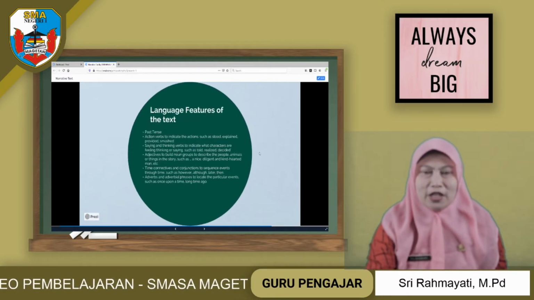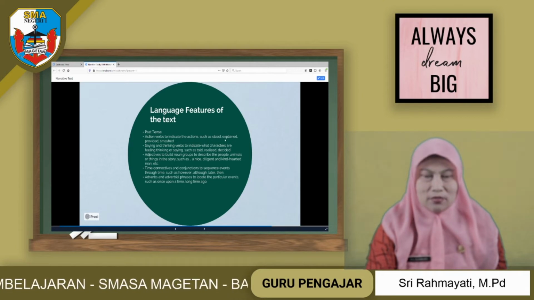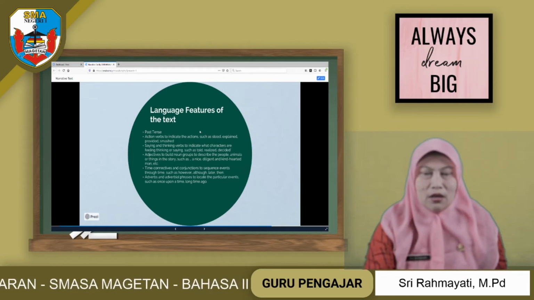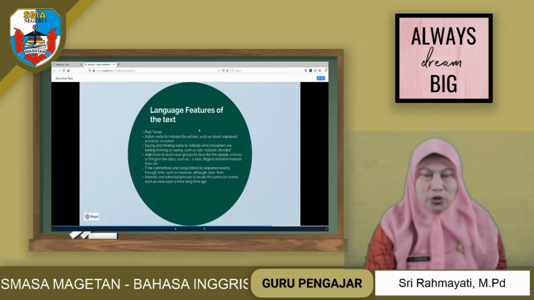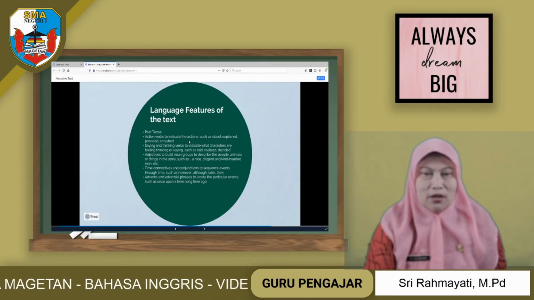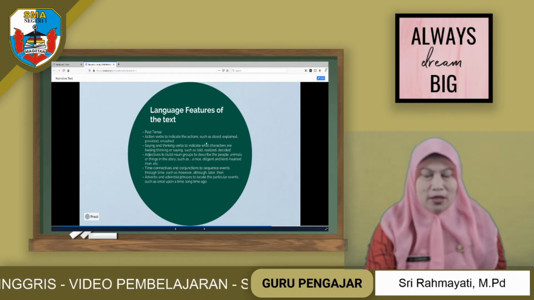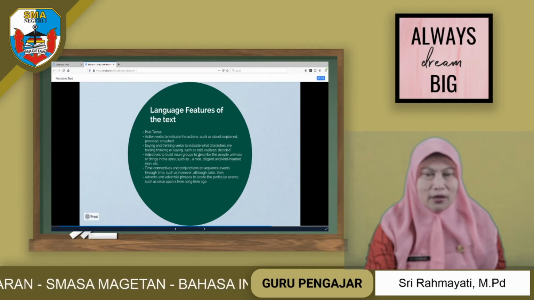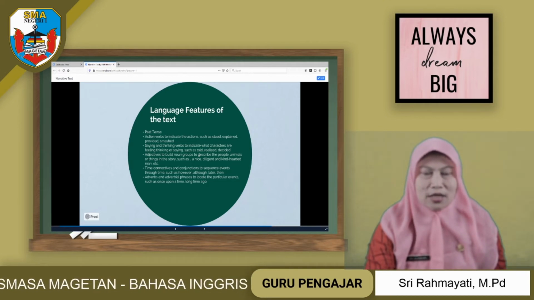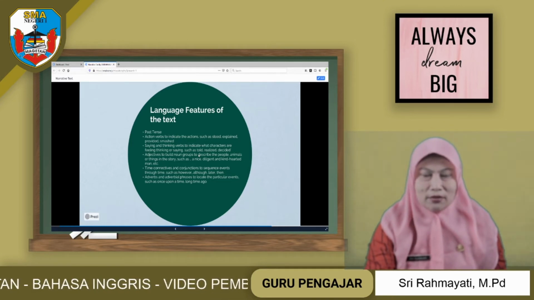Next, language features of the text. The narrative text uses past tense. Action verbs to indicate the actions, such as stood, explained, provided, and smashed. Saying and thinking verbs to indicate what characters are feeling, thinking, or saying, such as told, realized, decided.